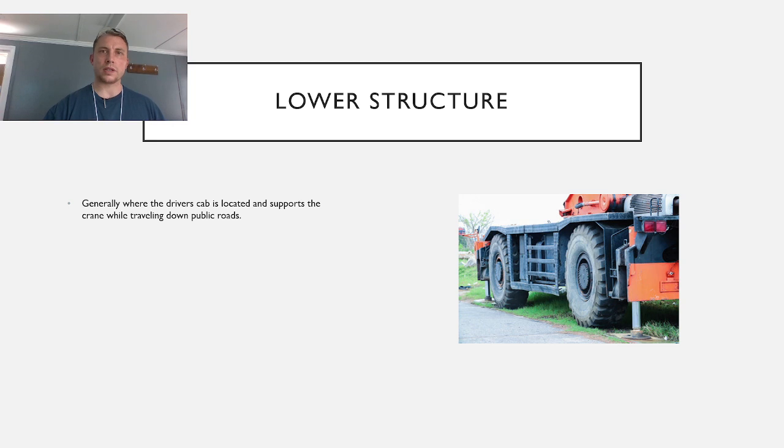So for the first one, your lower structure, and this is just breaking it down very easily. It's generally where the driver cab is located, and it supports everything that's going to be above it. You're going to use the lower structure to travel on the roads, travel on a job site.